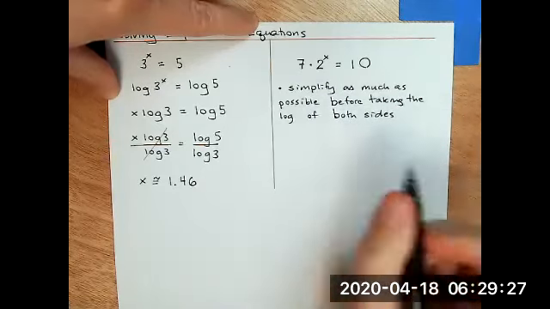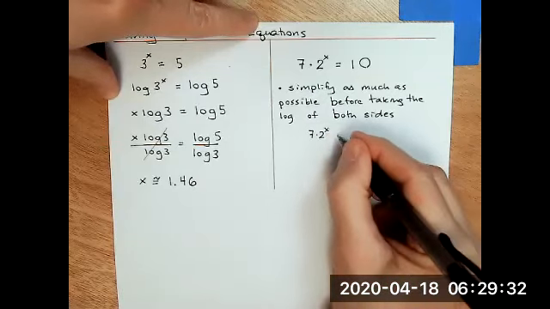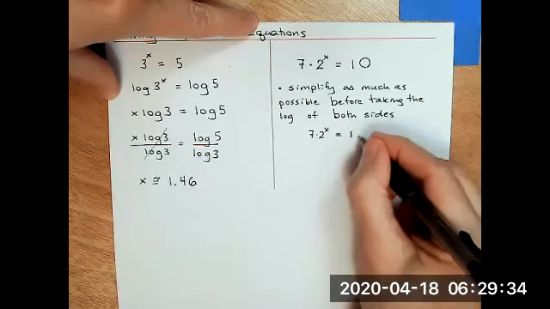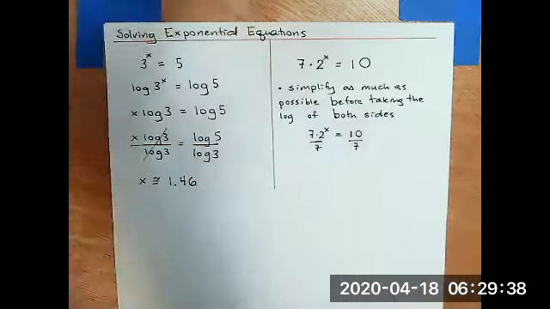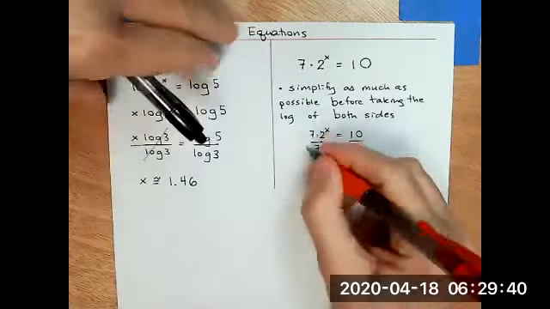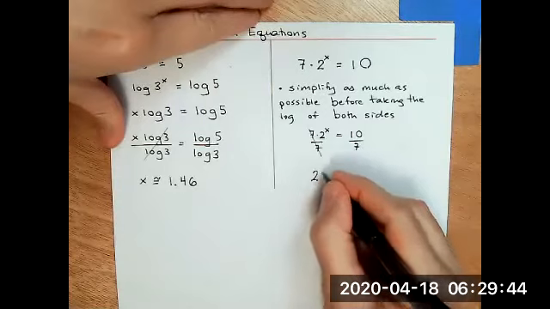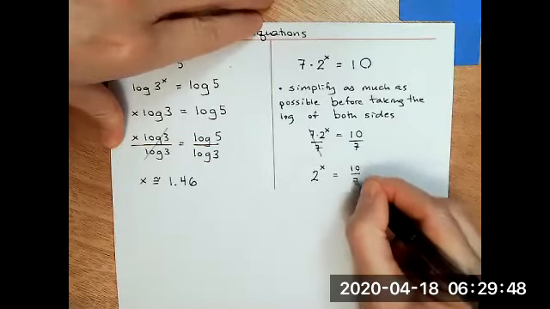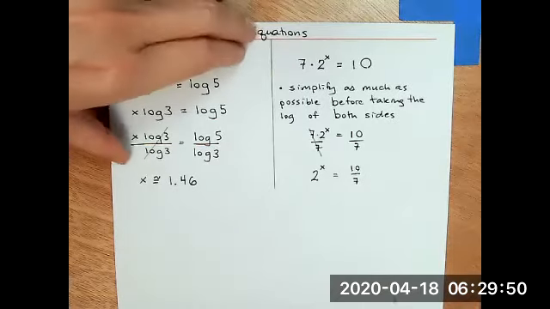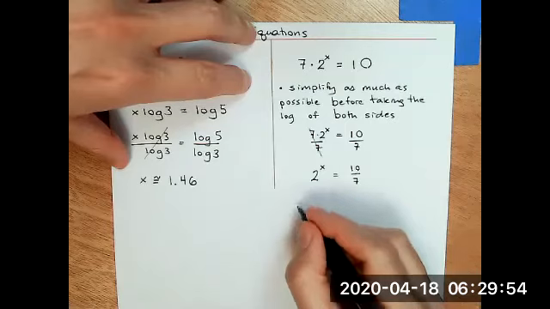So I'm going to divide both sides by 7. Seven over 7 equals 1. And you can just leave that as a fraction to prevent rounding errors. Then take the log of both sides.